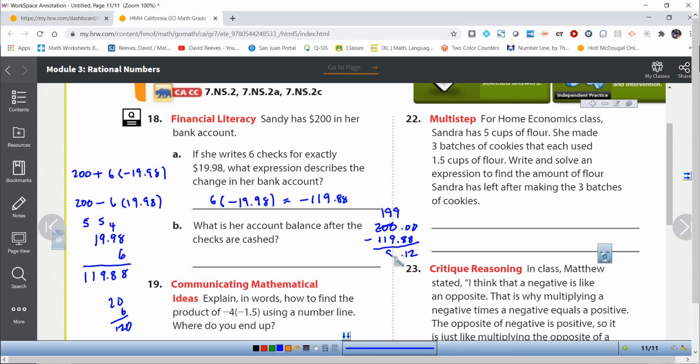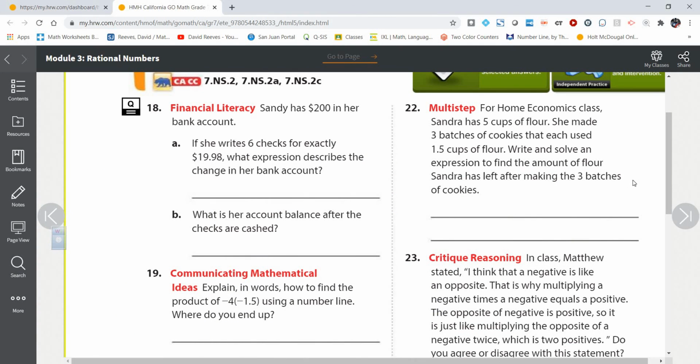Minus 119, and we're going to get $80 and 12 cents, right? $80 and 12 cents. And if we were to add those together, we should get back up to the 200, right? Put that 88 cents with the 12 cents, we have $1. This would give us 199. Tack that dollar on. We're at $200.